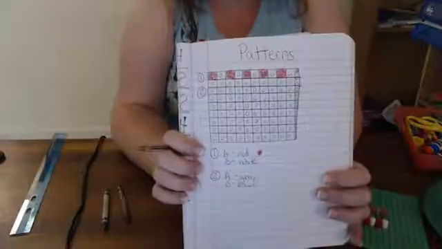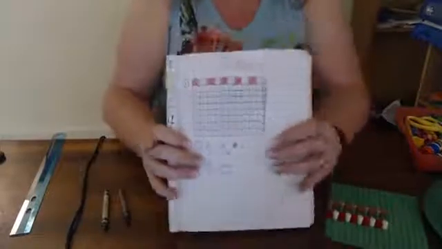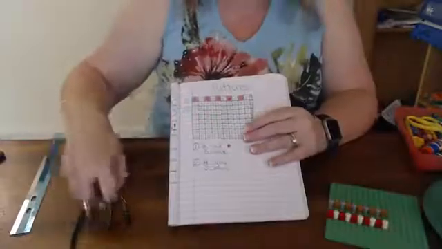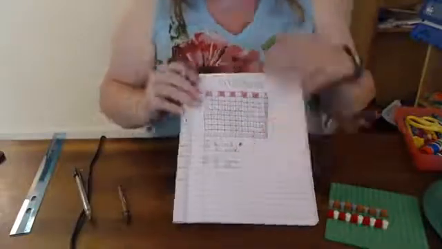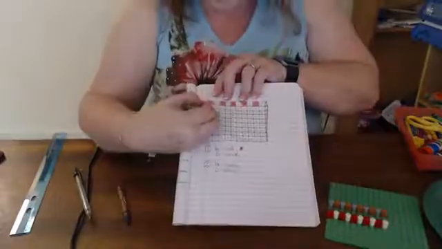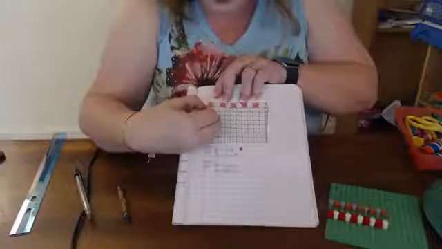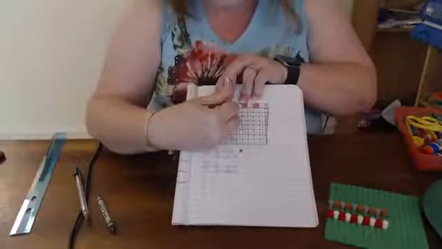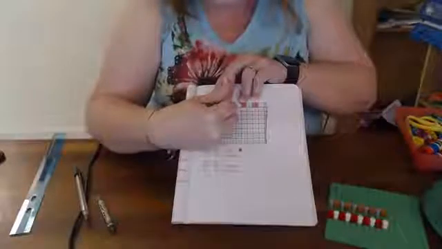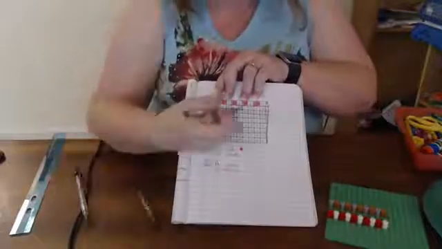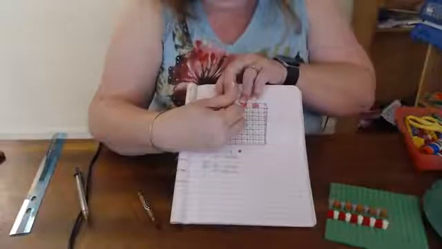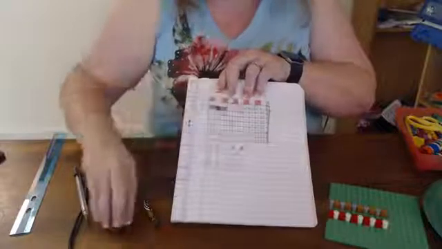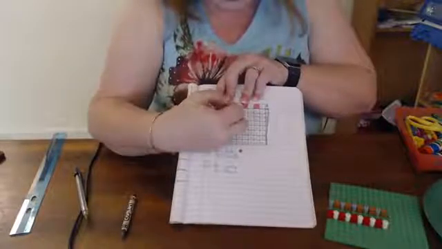So there you go, gray and brown. Gray is my A. So right beside that 2, I would color it in gray, and then I'd have my B right beside it. Then I'd have my gray for A again, then I'd have my B.